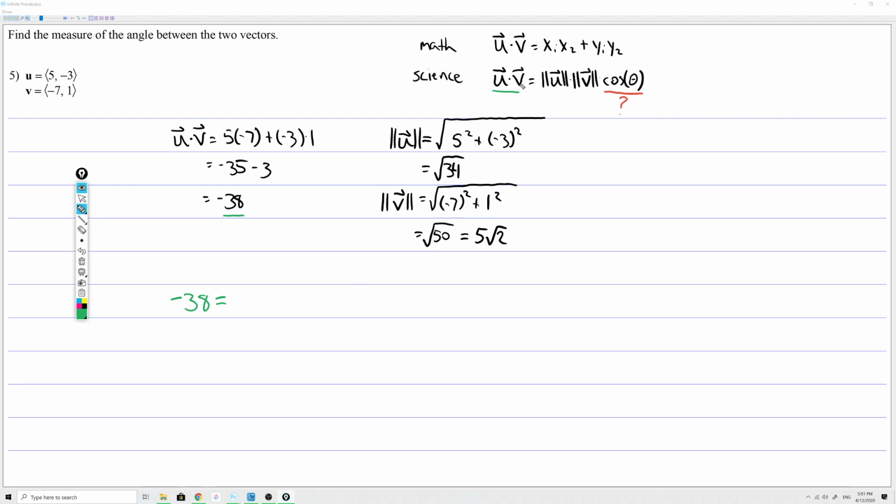The dot product of the two vectors is equal to the magnitude times the magnitude. Well, I know what the two magnitudes are. We have the square root of 34, and then 5 times the square root of 2. I don't know the cosine of the angle between the two vectors, because I don't know the angle at all.